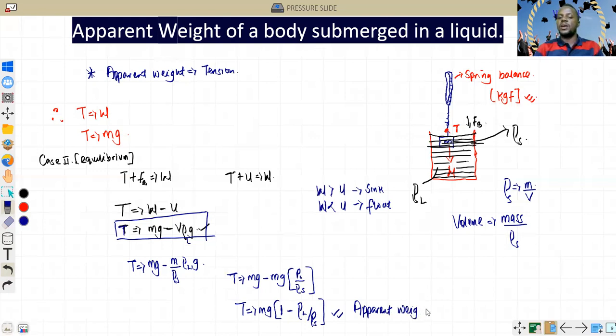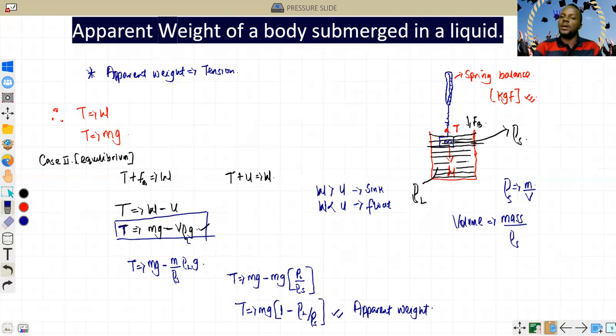So next time you see apparent weight, tension is always equal to the weight minus the buoyant force. What is buoyant force? The upthrust. What is weight? mg. What is apparent weight? Tension. So what relates tension, weight, and buoyant force, which is upthrust, is tension is equal to weight minus upthrust.